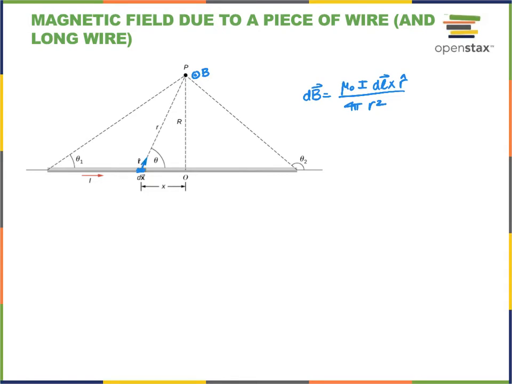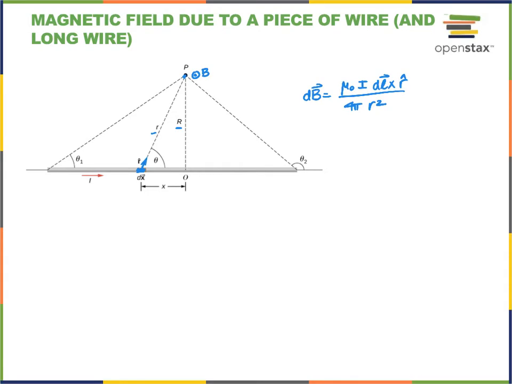This is our r hat. And then this is the distance r from where the current is to where point P is. Overall, point P is a distance large R away from the wire, because remember, if you measure the distance from a point to a line, you always have to draw a perpendicular from the point to the line, and that defines the distance.